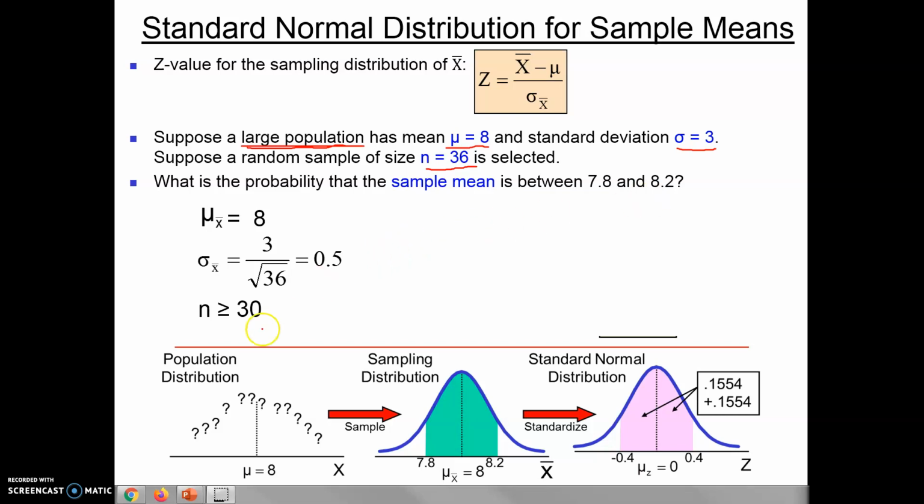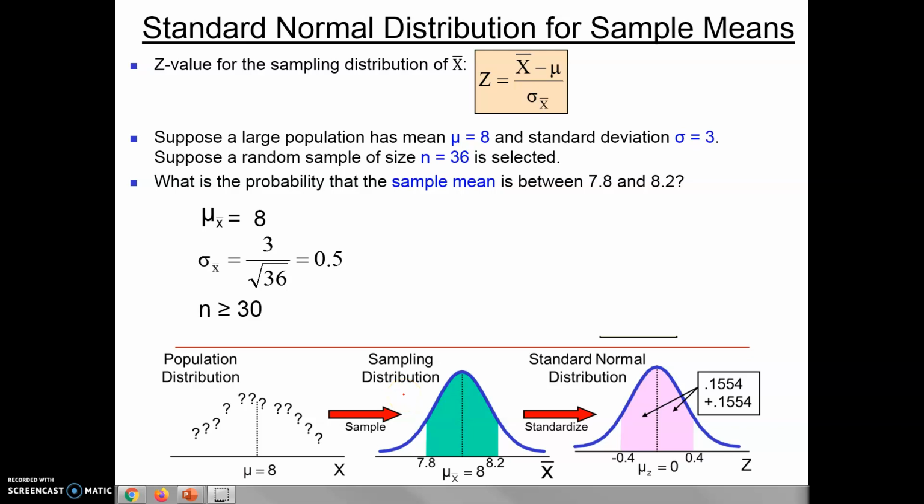Let's do that. First off, down here, notice the population distribution. Now, that x implies we're looking at the actual data in the population. We know the mean of the population is 8. That was given to us. We don't know that it's normal. We're kind of drawing it like it's normal, but that's only because we can assume it's normal for the reasons I described before. Next to this, we have our sampling distribution.